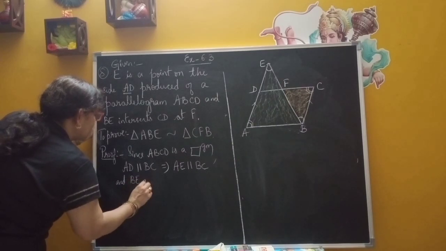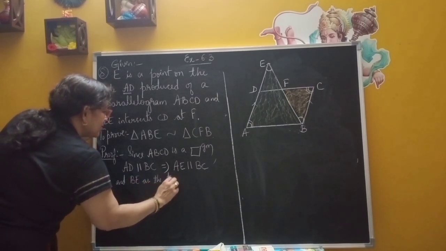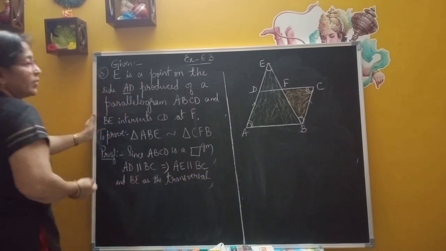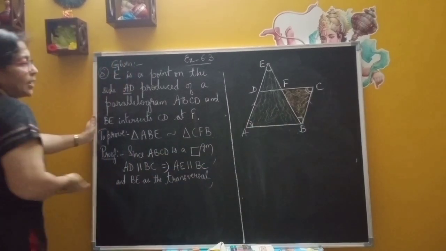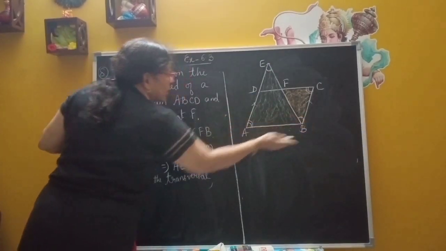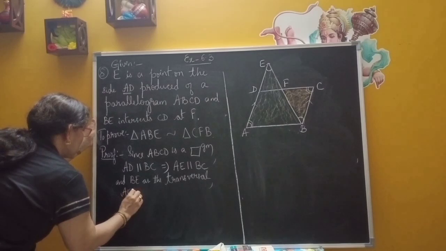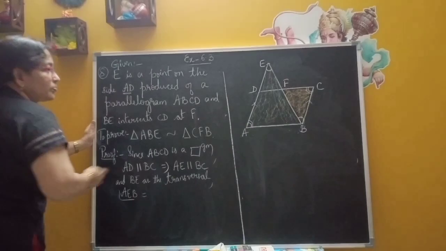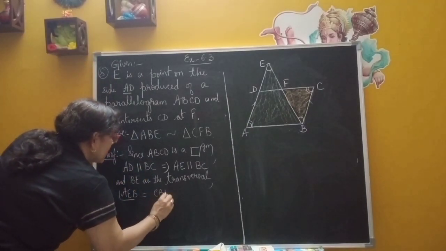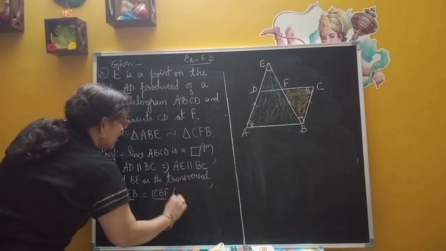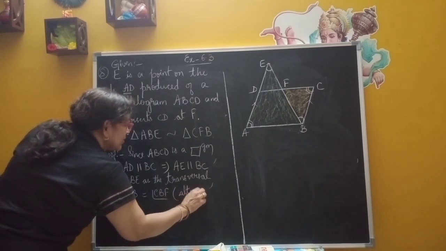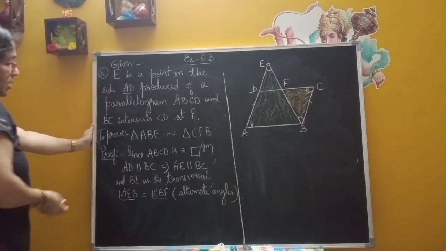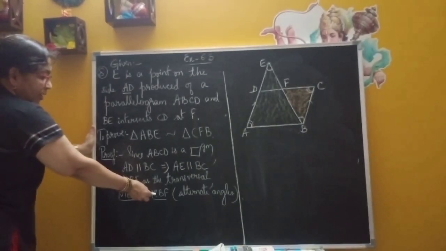So we say angle AEB is equal to angle CBF, because these are alternate angles. So we got one result here.